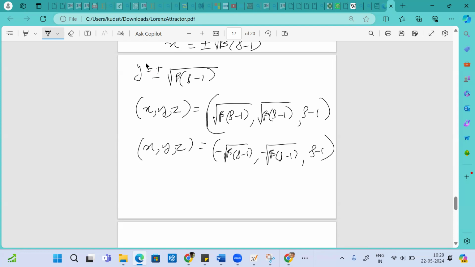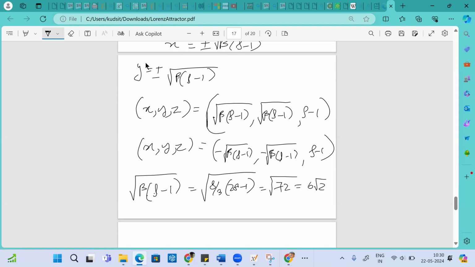and rho minus 1. Now we have to substitute the values of beta and rho. In the question, they have provided the value of sigma equal to 10, beta equal to 8 by 3, and rho equal to 20. And root of beta into rho minus 1 will be root of 8 by 3 into 20 minus 1. We get root of 72, which will be equal to 6 root 2.